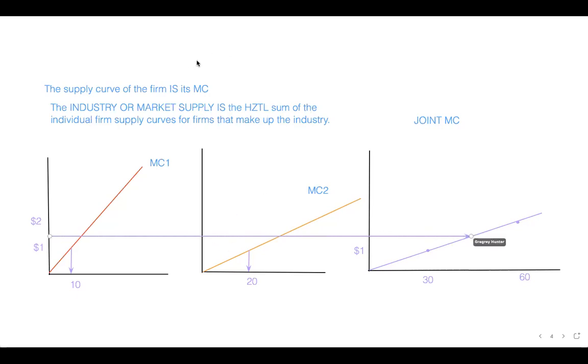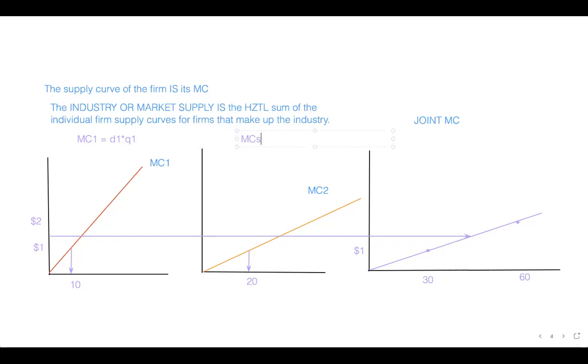these are mathematical functions, right? And I'm going to go ahead and write here, MC1, remember, it's something like D1 times Q1. There's no intercept term. This is a linear function with a zero vertical intercept.